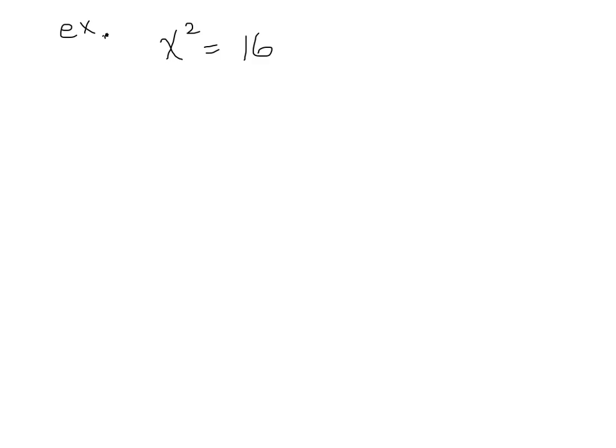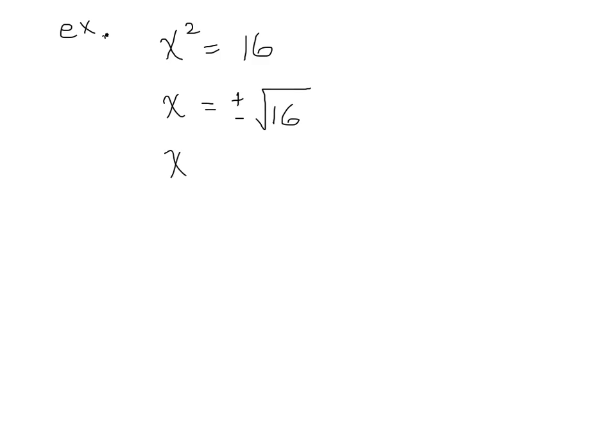So for example, if you're solving this very simple basic equation, where x squared is equal to 16, we know that x would have to be the square root of 16 if we square root both sides. However, it is important that we remember that it's not just the positive square root, it is also the negative square root, and that's written plus or minus the square root of 16.